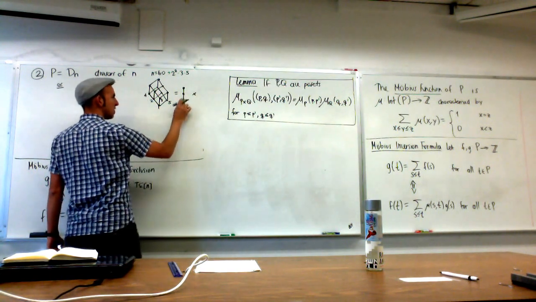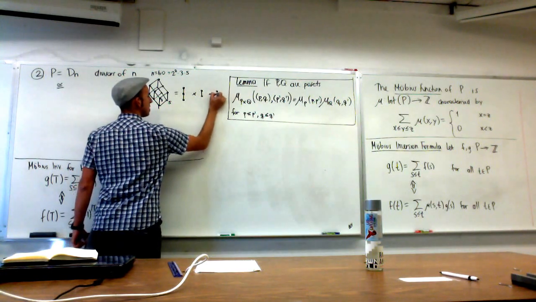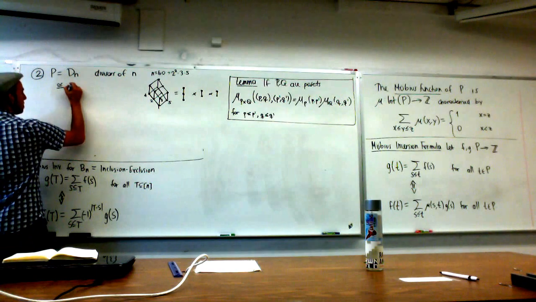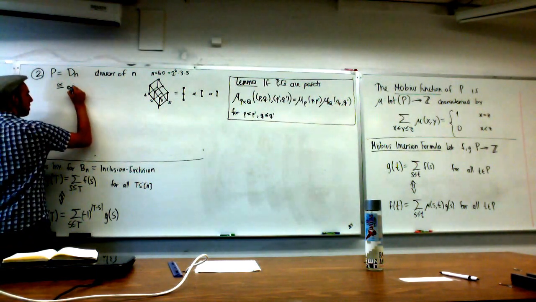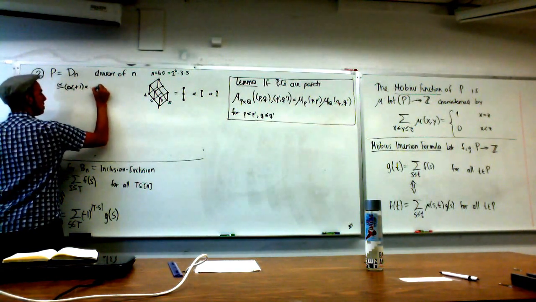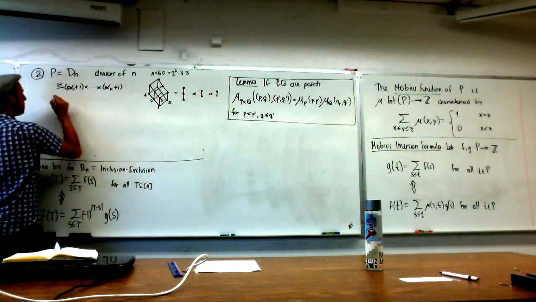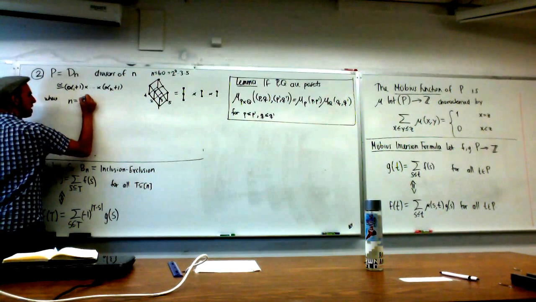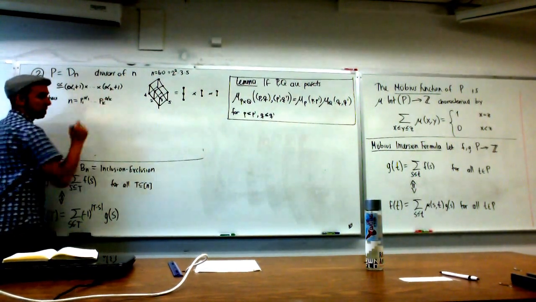So here's the chain from 1 to 2 to 4, here's the chain from 1 to 3, and here's the chain from 1 to 5. And in general, this is equal to the product of chains of size alpha 1 plus 1 up to alpha k plus 1, where n is p1 to the alpha 1, p2 to the alpha 2, to pk to the alpha k.